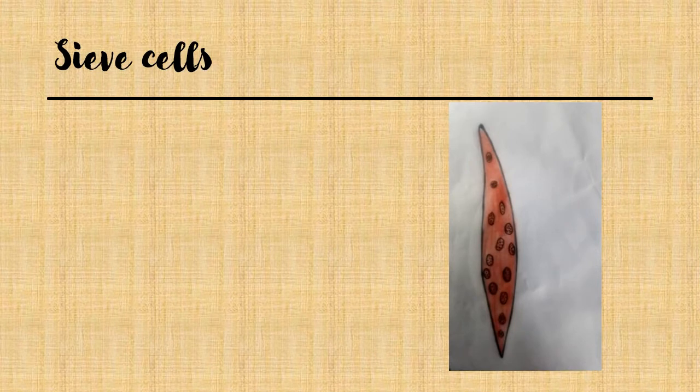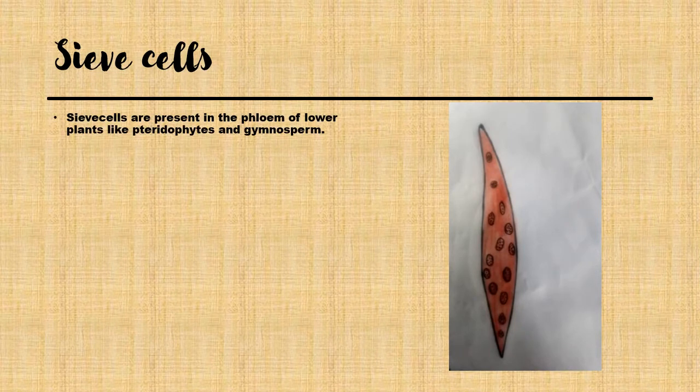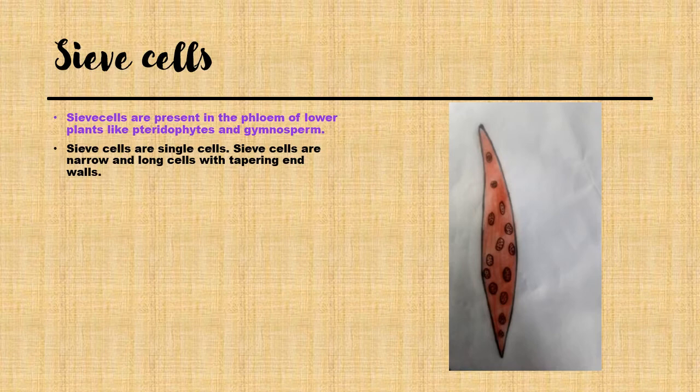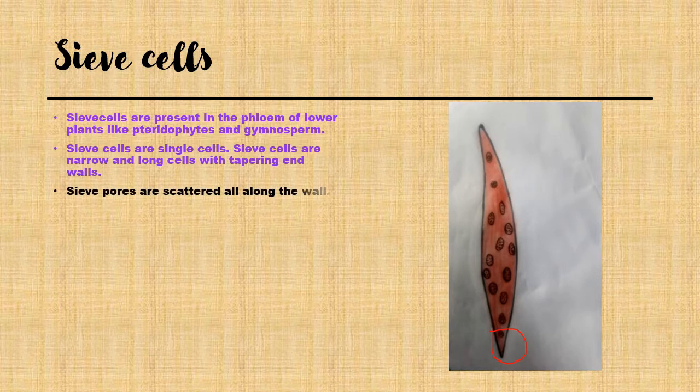Sieve cells. Sieve cells are present in the phloem of lower plants like gymnosperms and pteridophytes. They are different from sieve tube elements. They are single cells and their end wall is tapered. We do not find a particular sieve plate in sieve cells.